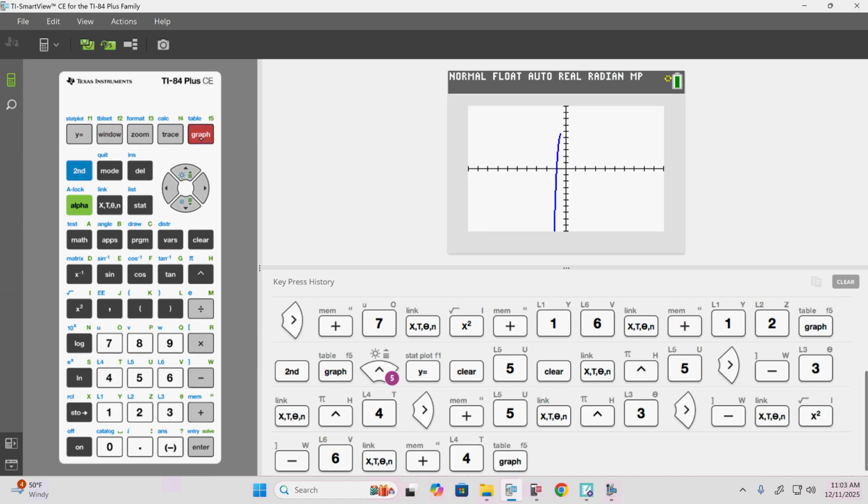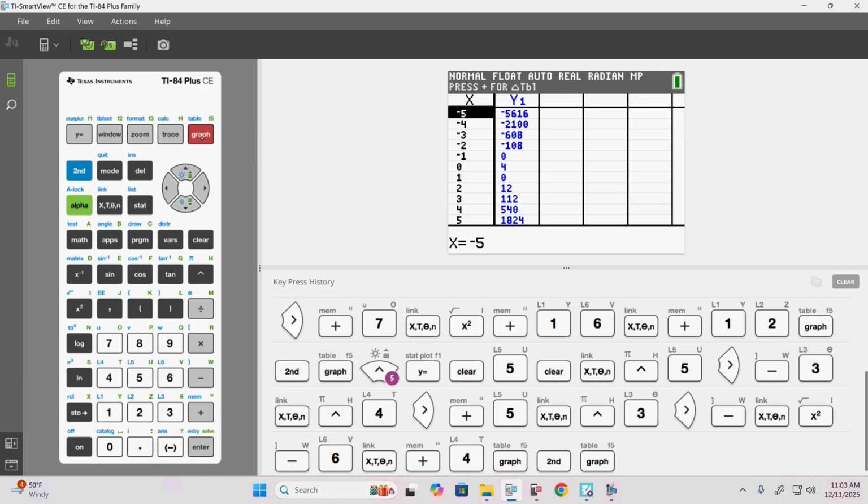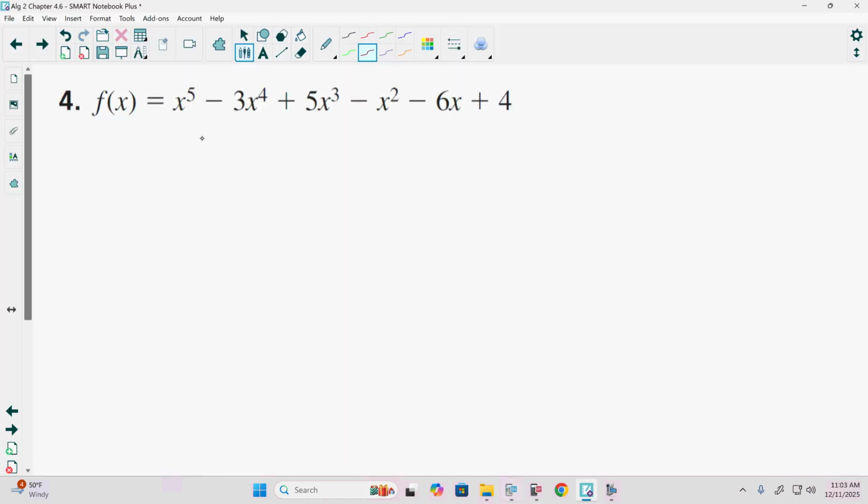So we want to type the whole thing in and graph. And again, we're looking for at least 3, wanting 5 by the end, but we need at least 3 zeros. And interestingly enough, it looks like it crossed at -1 and then touched the x-axis at 1. So what we're hoping is that positive 1 is a repeated solution.